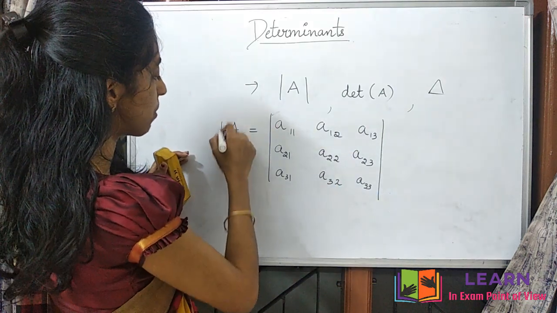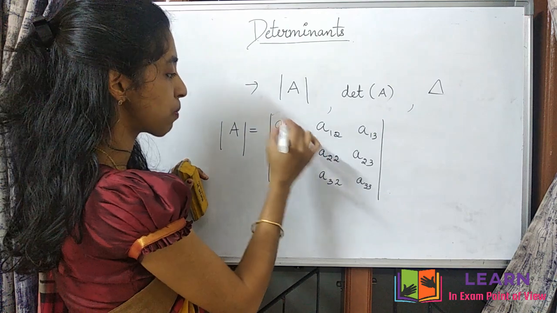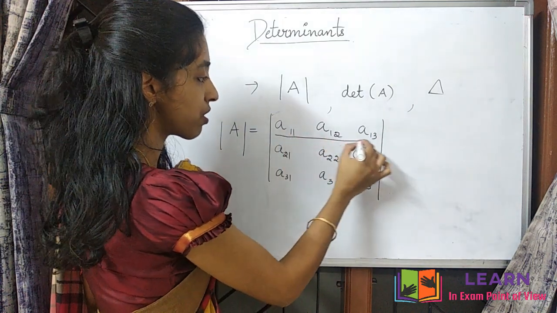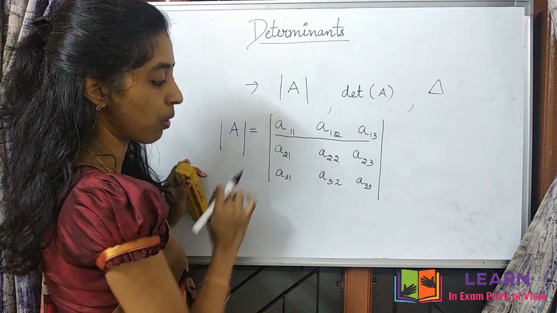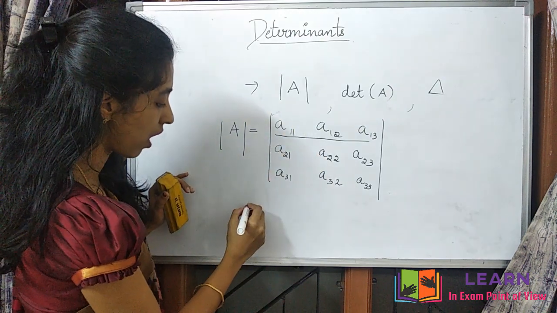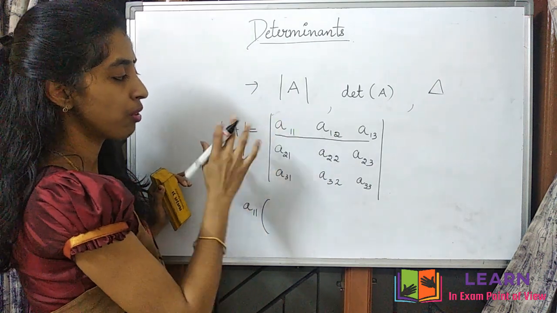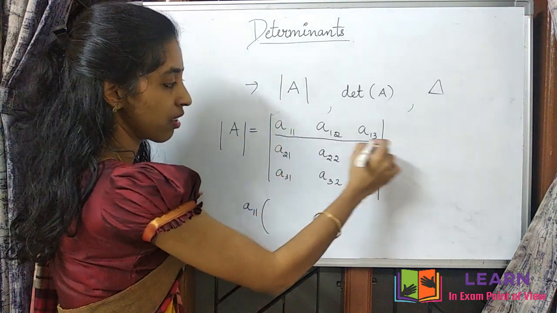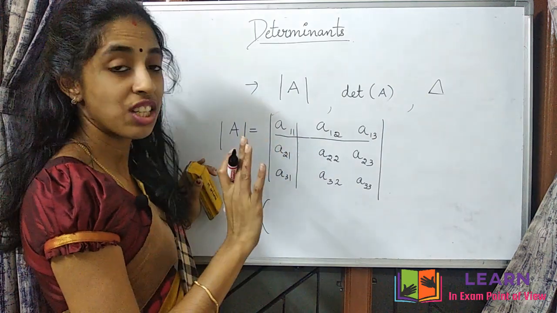So determinant A, how will it be? We are going to expand along the first row. The first element is a11. So a11 into, we have to keep in mind that this row and this column just vanish in your mind.